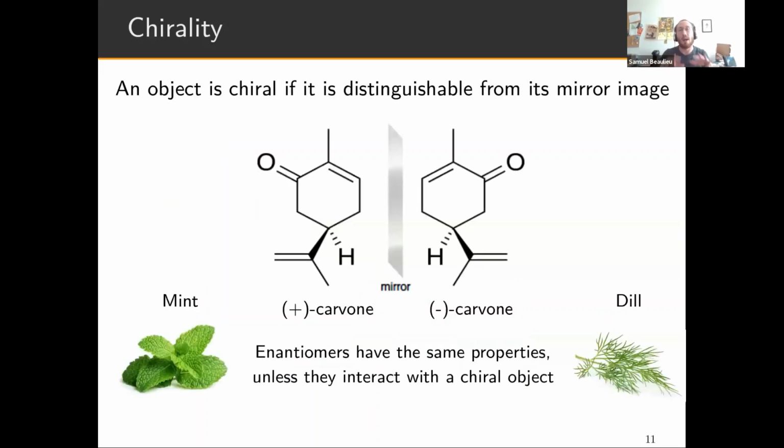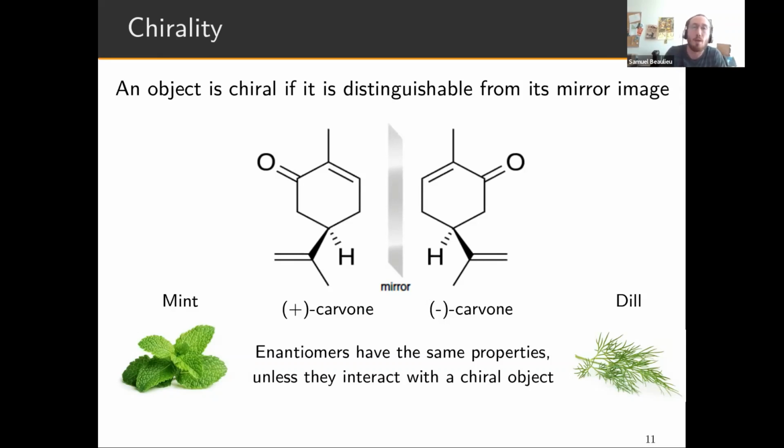So as we are interested in molecular chirality, let me tell you that a pair of chiral molecules which are mirror images of each other but not superimposable are called enantiomers, and they have basically all the same chemical and physical properties, unless they interact with another object which is chiral.